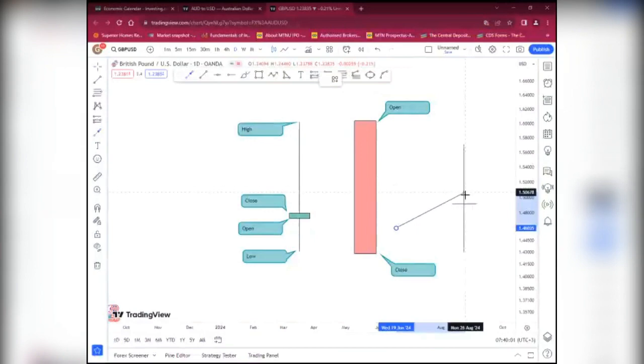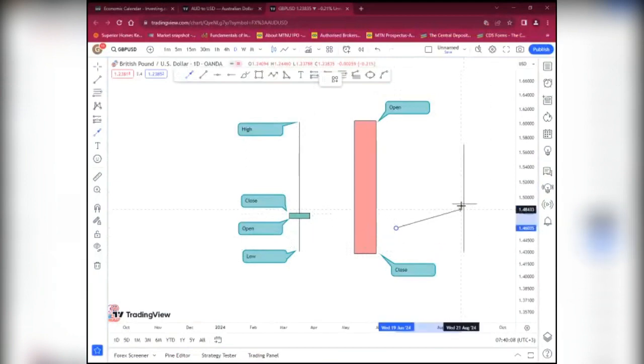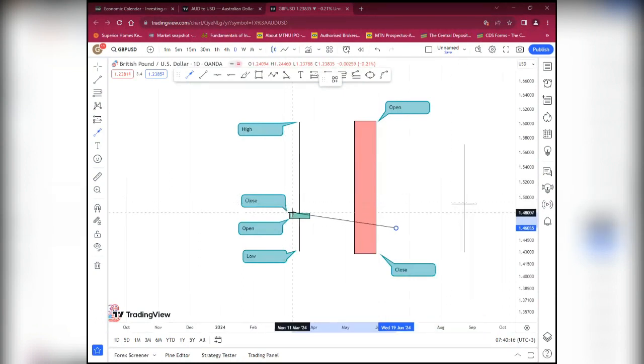Then the market pushed down, created the low, and then the market pulled back up to the opening prices again. So we are having an open and a close at the same prices. Again, guys, it's about price. The opening prices and the closing prices are equal.